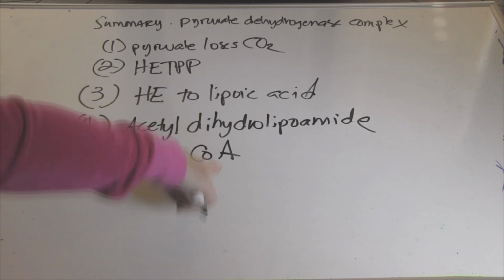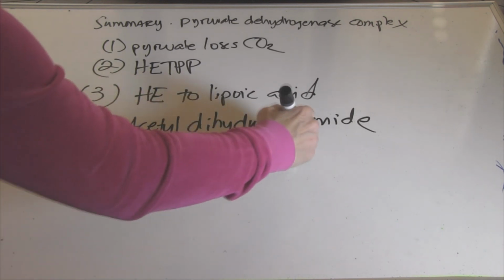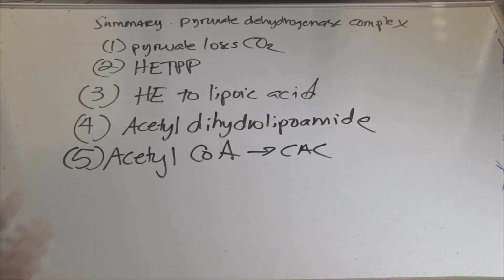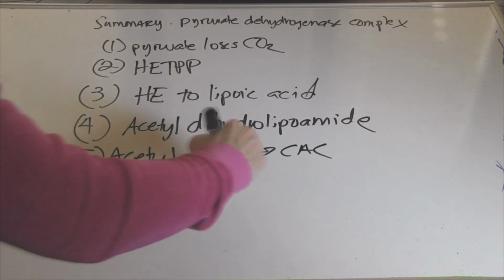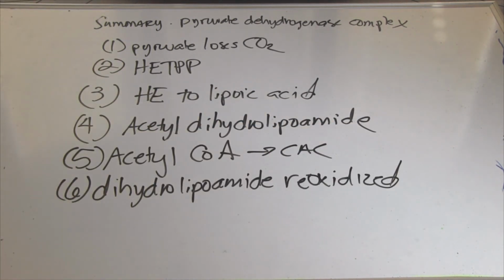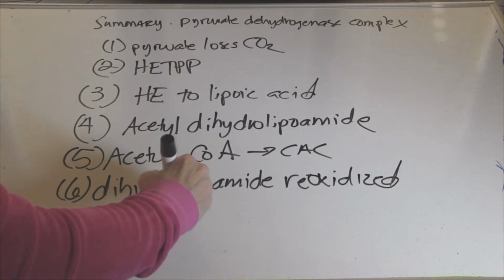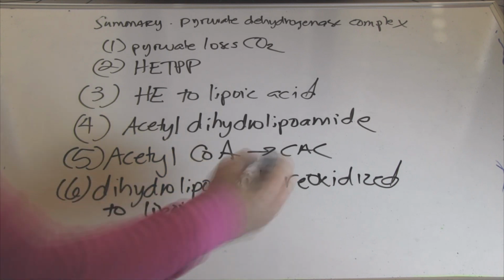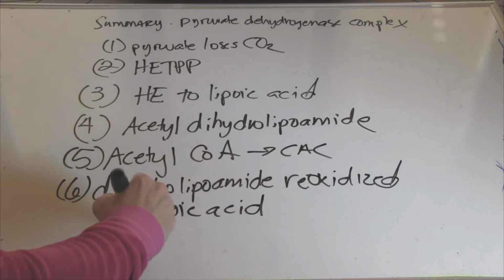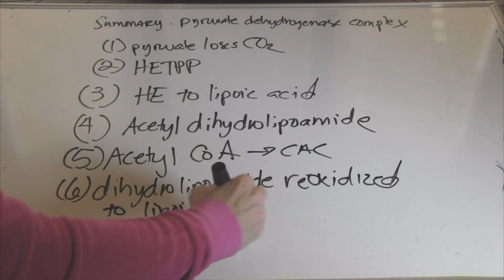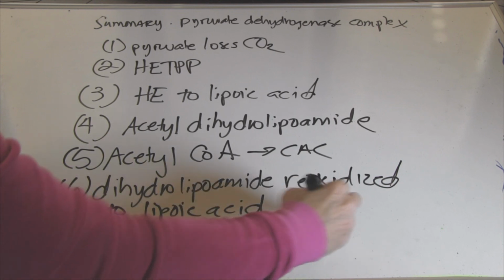Coenzyme A comes and steals the acetyl group and goes off to the CAC. And then we are going to reoxidize dihydrolipoamide to lipoic acid, thereby reducing NAD, which goes to the ETS.